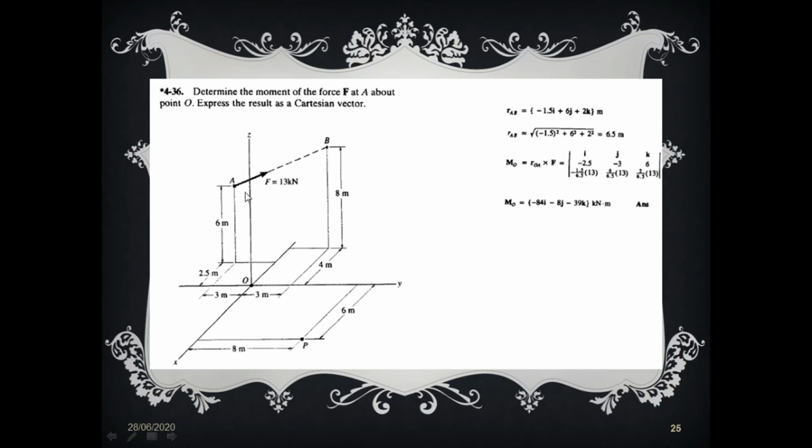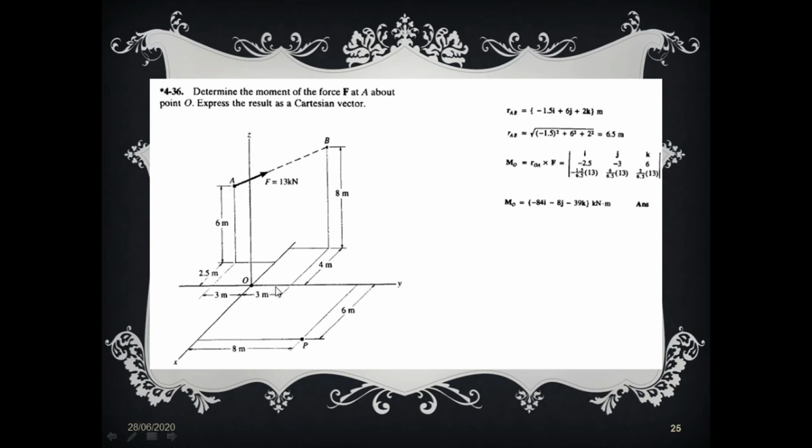If we calculate the coordinates of A, it will be very simple. If you look at it, A goes behind the origin as minus 2.5, then we go in the negative y as minus 3, and then positive z as 6 meter. And what are the coordinates of B?